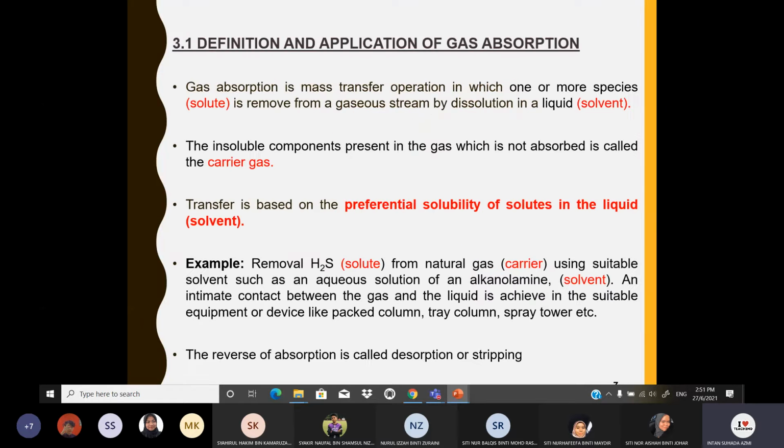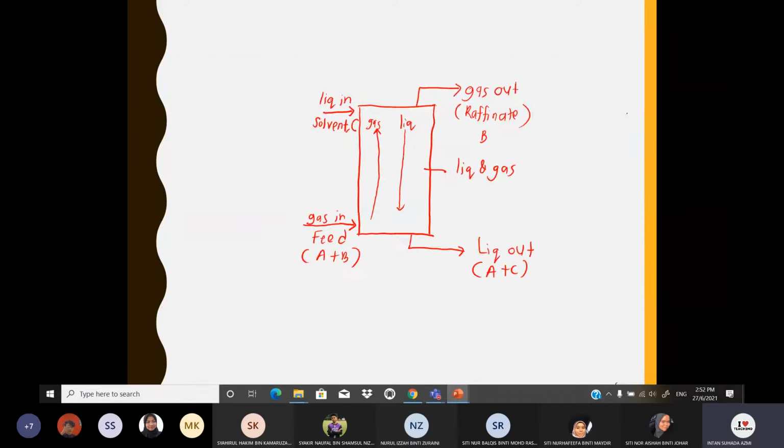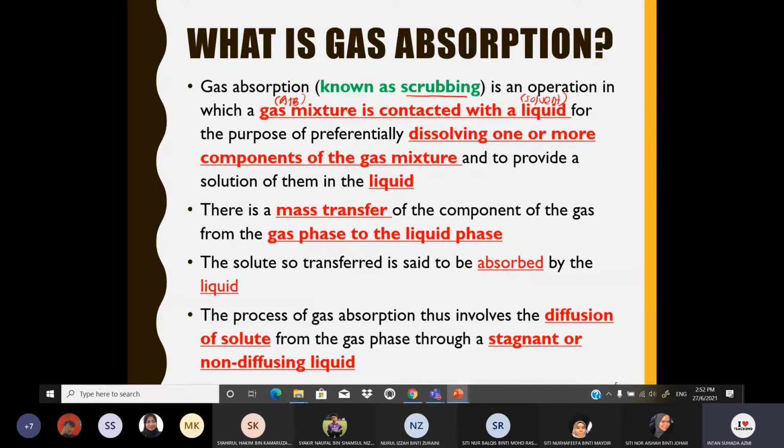Okay, we move on to the definition and application of gas absorption. Gas absorption is a mass transfer operation in which one or more species, the solute, is removed from a gaseous stream by dissolution in a liquid solvent. This just repeats what I have taught. It is about mass transfer from the gas phase to the liquid phase.